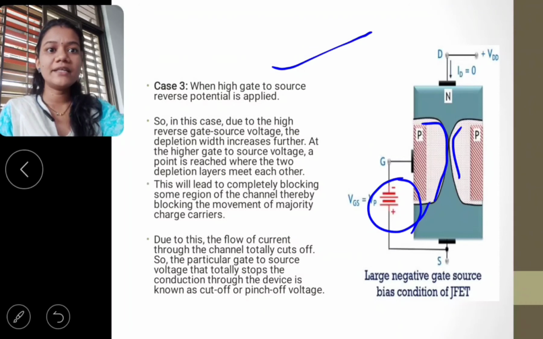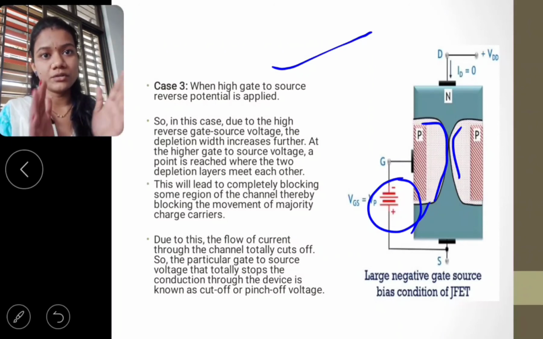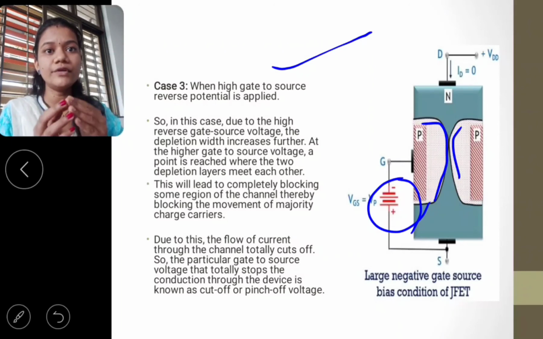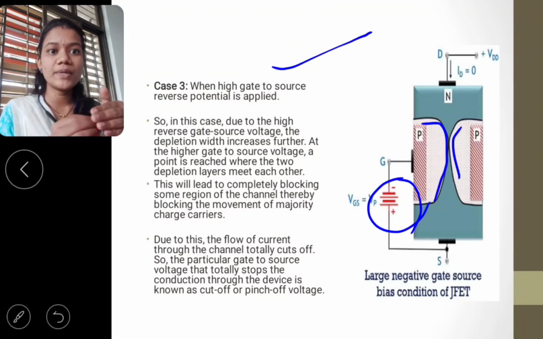At a certain point when your gate to source voltage is high, the depletion layers meet each other. So this is one condition. When you are increasing the gate to source voltage more, your depletion regions meet each other. This will lead to completely blocking the region. Therefore, as your two depletion regions meet each other, there is no space for charge carriers to move from source to drain.